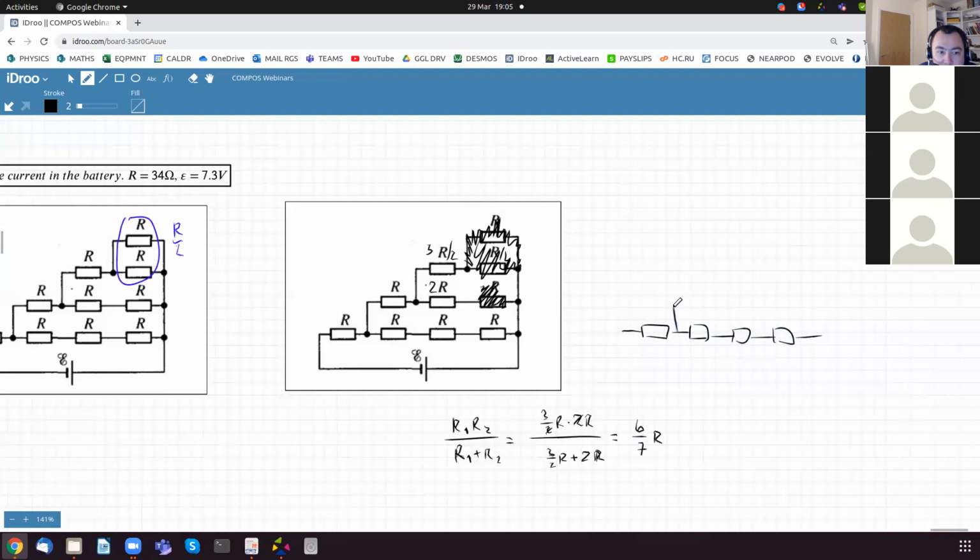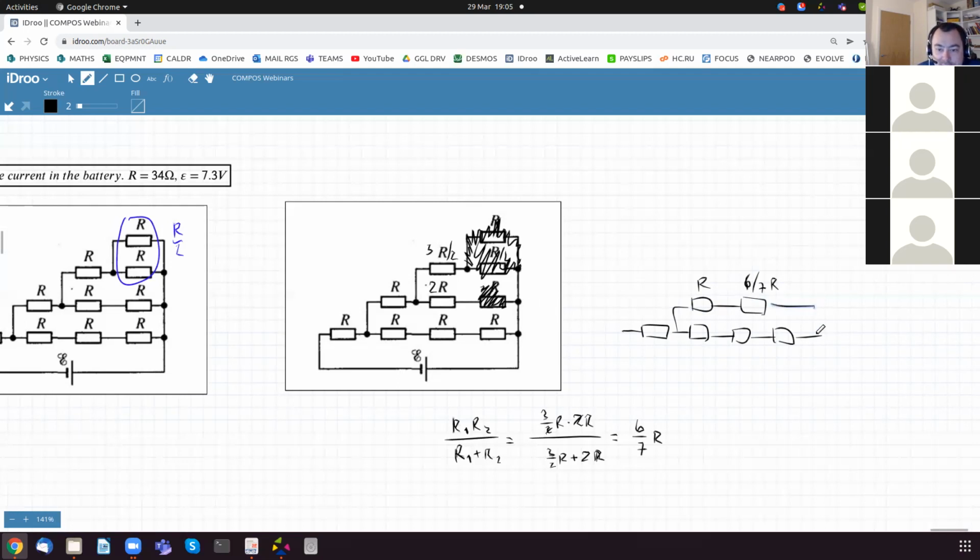Then we have R, and we have 6/7 R. Really hope I didn't make a mistake. I'll just double check. 1/1.5 plus 0.5. 6/7, yeah, indeed. 6/7.